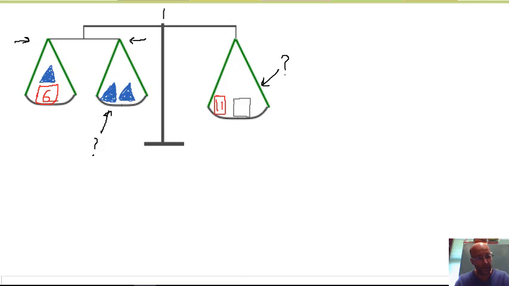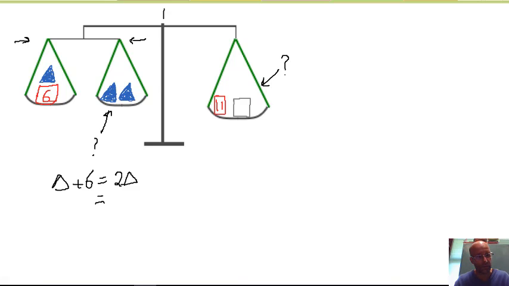Well, what we start to do is look at the little balance first. So the little balance says a triangle plus 6 must equal 2 triangles. Well, what we can do is subtract the same from both sides.